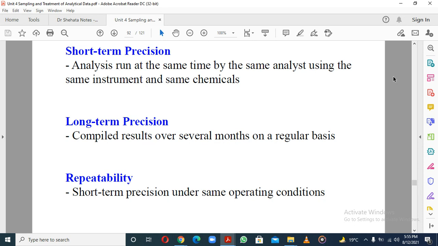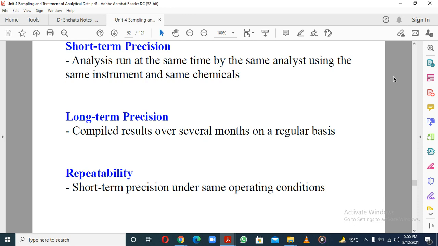They've got repeatability in them, so they've got short-term precision, in short.